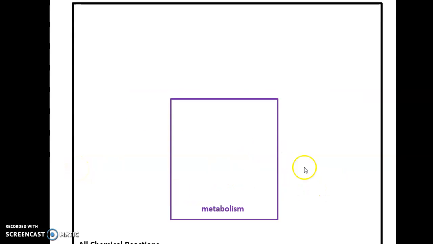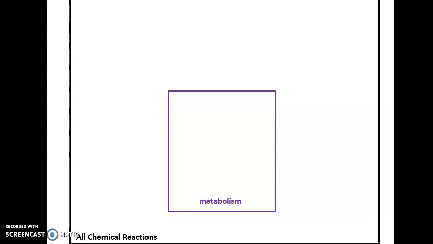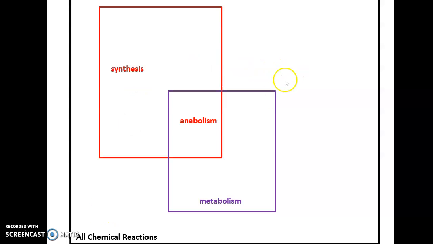So here is my little attempt at showing how we have a big box with all chemical reactions that occur, and then a smaller box within that which is metabolism. So the metabolic chemical reactions are a subcategory of all possible chemical reactions. And so the synthesis reactions include all chemical reactions, and a subcategory of synthesis is anabolism.